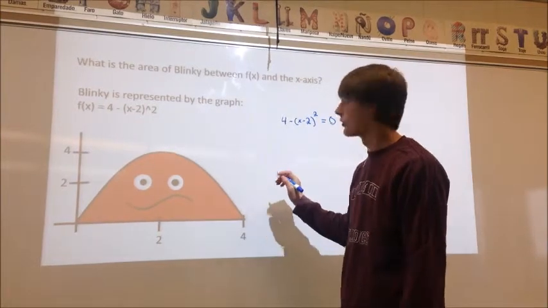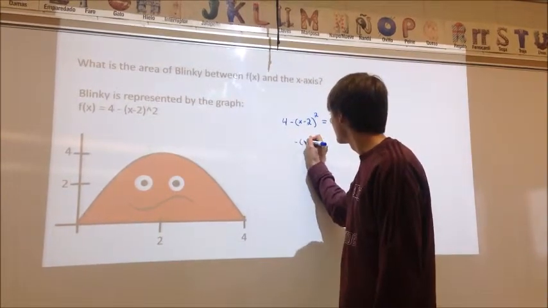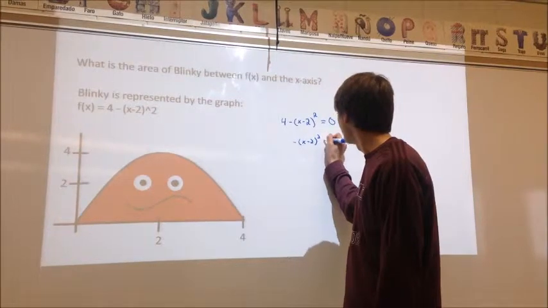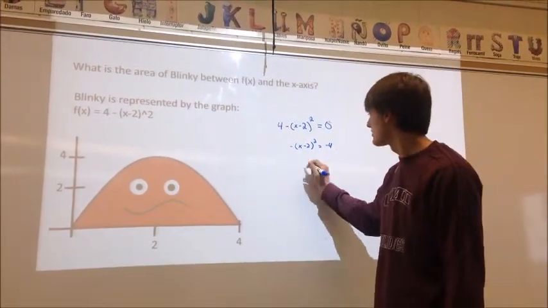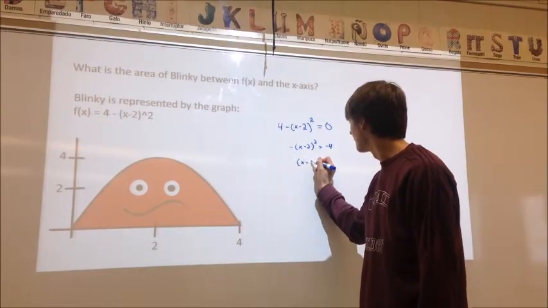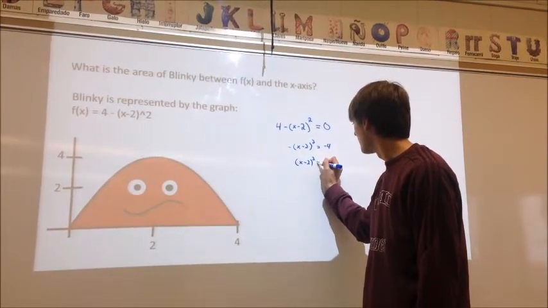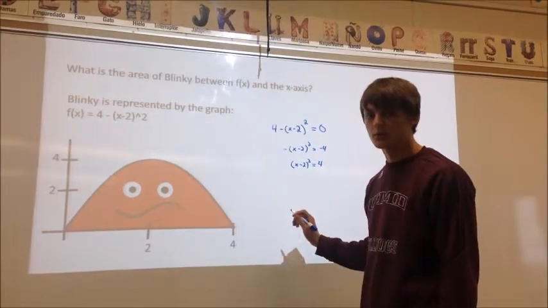Then we move the 4 across, so we have negative (x minus 2) squared equals negative 4. Divide negative 1 across. Take the square root of both sides.